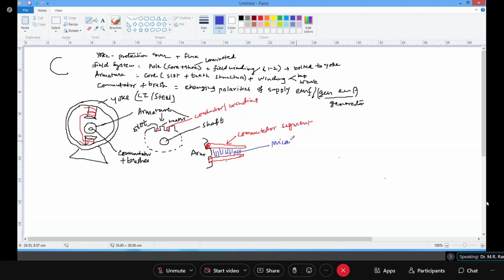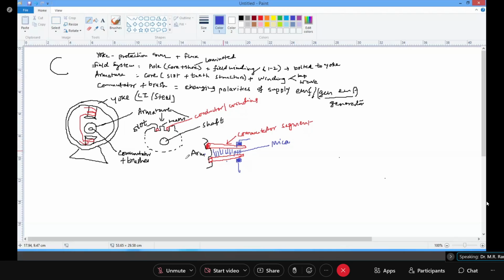So this is a mica sheet where commutator segments are insulated from each other, and on that we have brushes. These are the brushes, which are put over here. So you have 2 brushes.